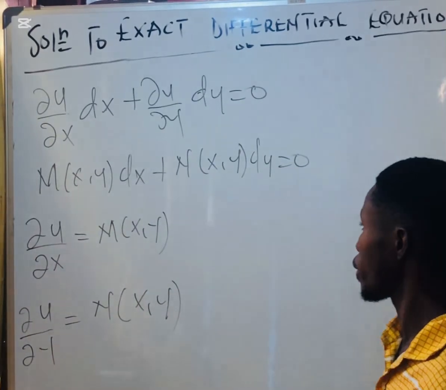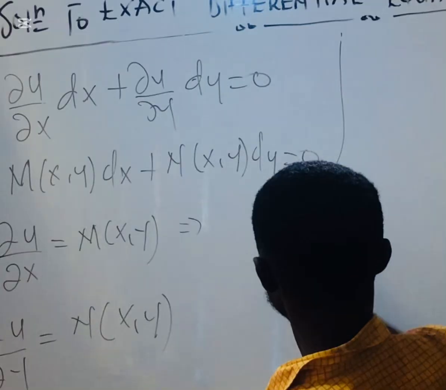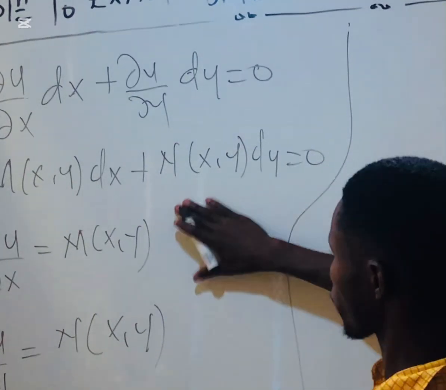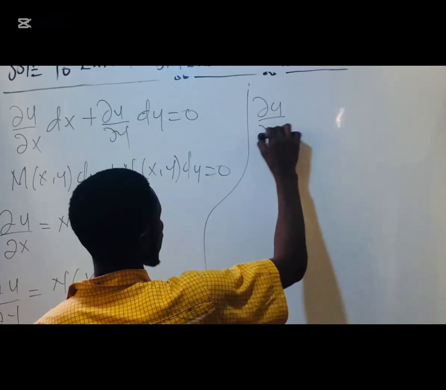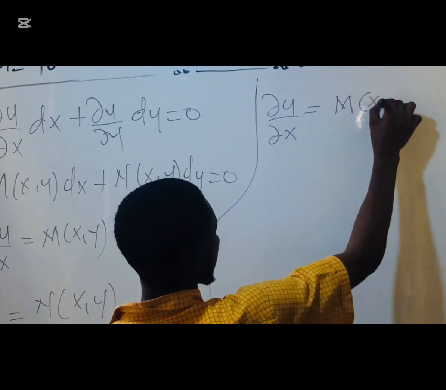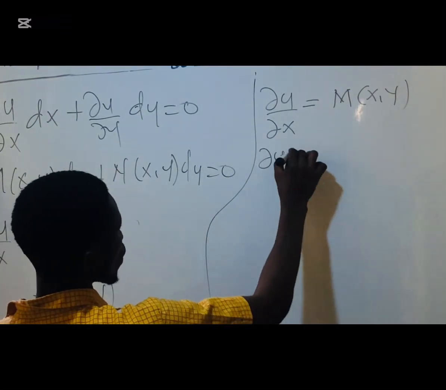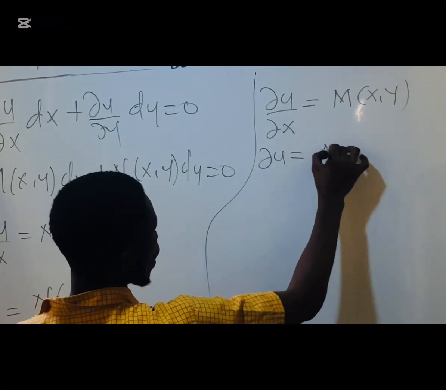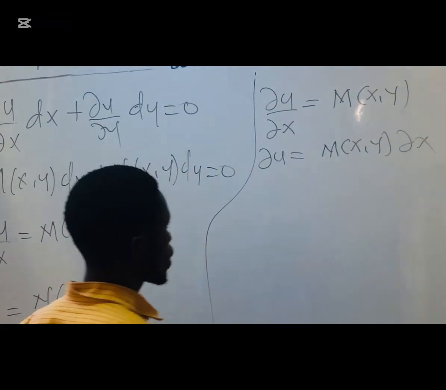Now at this point I can make ∂u the subject. I have ∂u/∂x equals M(x,y). So by cross multiplication, I have ∂u equals M(x,y) ∂x.